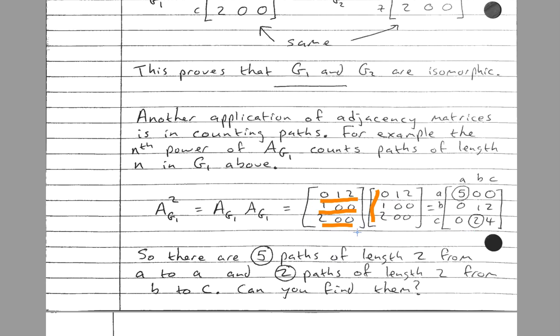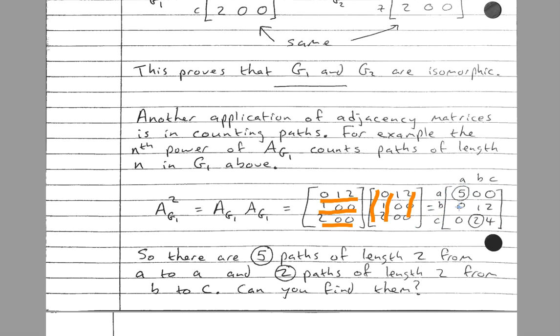And then multiply these three rows by the middle column, the second column, and you get these three numbers, and then these three numbers for the third. Okay, here I put back in the vertices.